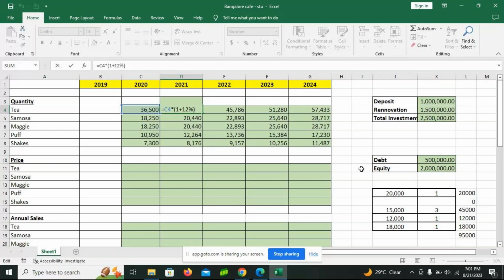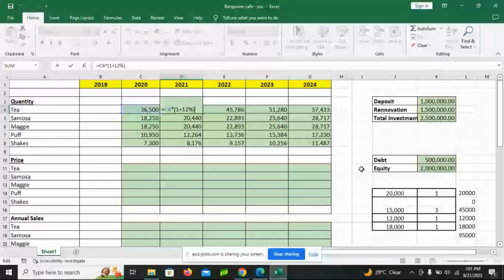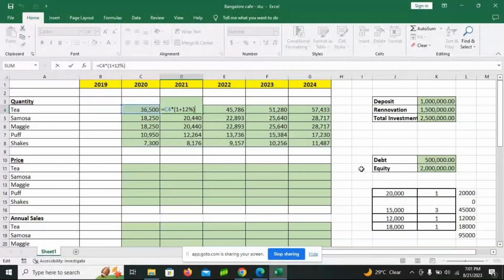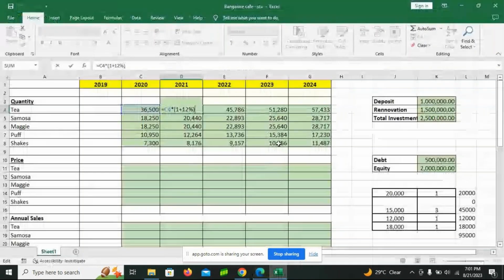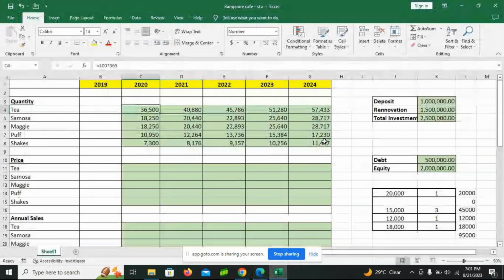Excuse me, ma'am. Again the question says that the sales is increasing 1% month on month. It is not mentioned that the sales will increase from next year 1% month on month. For first month. Okay, that means you are telling that here only 12% should be added.